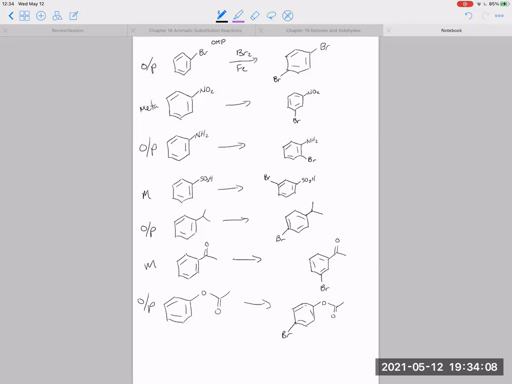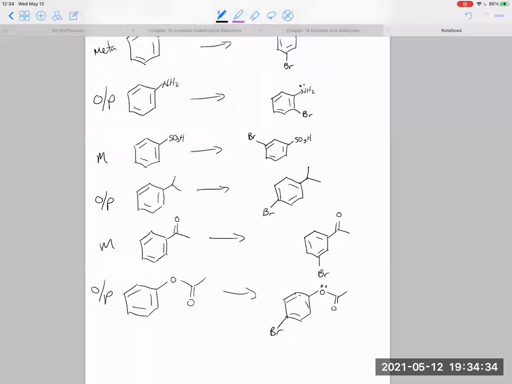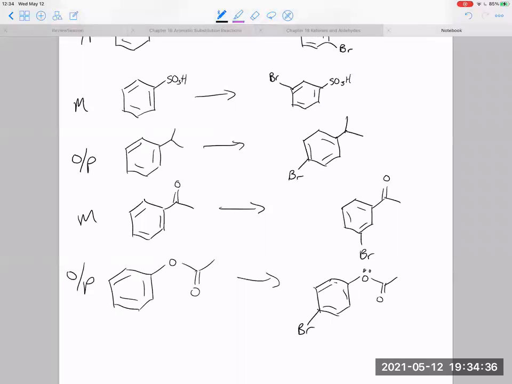If we just want one simple rule of thumb that's going to let us know what's what, the easiest thing I can do to simplify is this: if you have a lone pair directly next to that benzene ring, such as we did with aniline, with bromine, with our ester group, and in particular, notice that our ester group is arranged in such a way that the oxygen is directly connected to the ring.